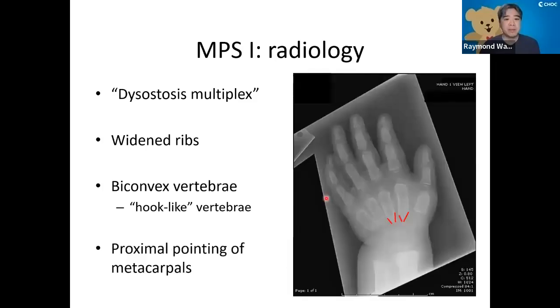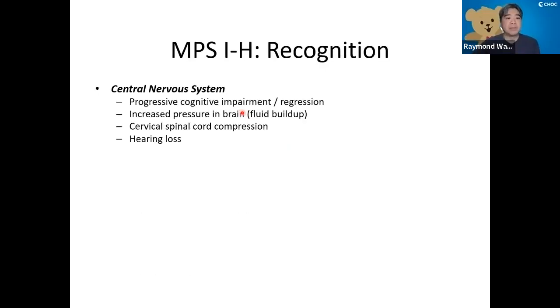Here you'll see something called proximal pointing, and so instead of having nice tubular metacarpals and metatarsals, there's a narrowing here, and all these findings together constitute dysostosis multiplex and are very frequently seen in MPS patients. In terms of other potential organ systems being involved, we've talked about the cognitive impairment in Hurler patients.